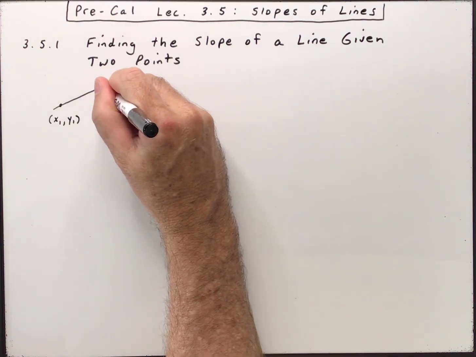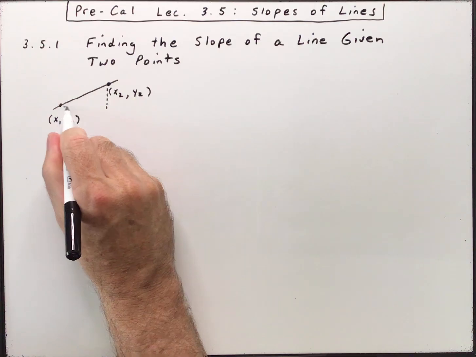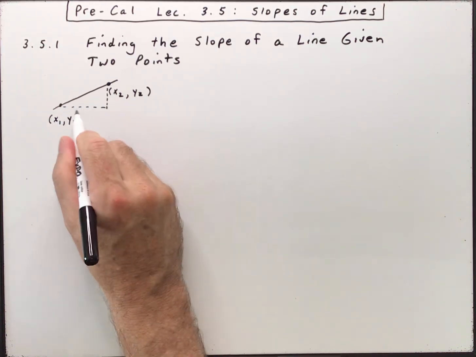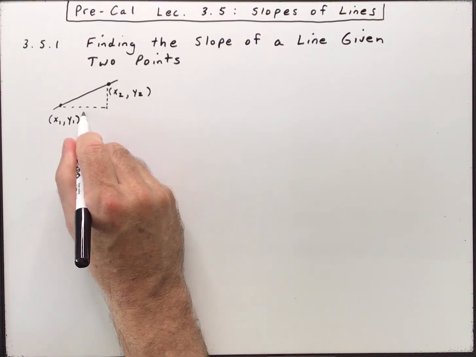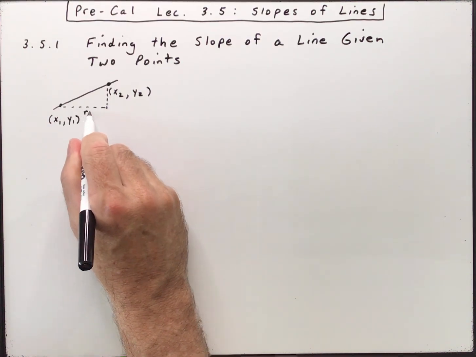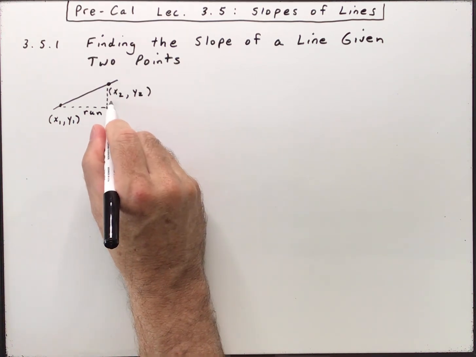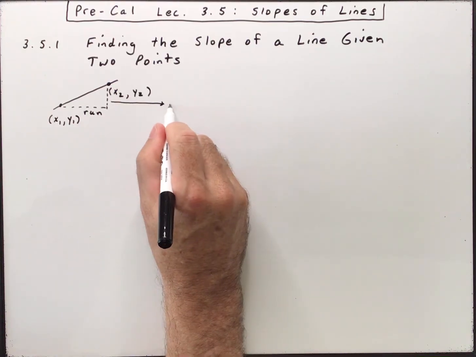All right, so we can make a right triangle out of those 2 points. And this distance here, we can think of that as the run, and we can call this vertical part the rise.